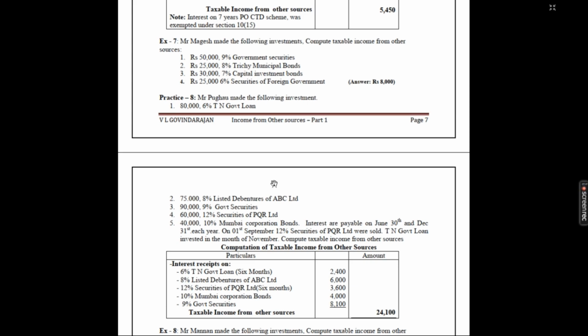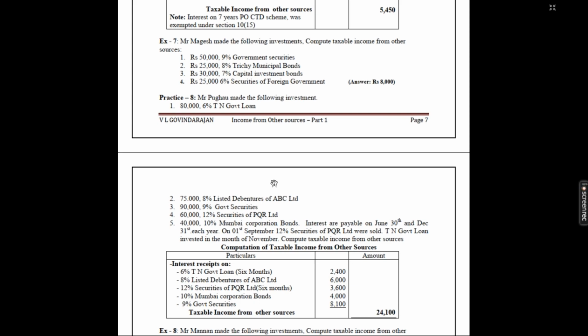So in the TN government loan also, Mr. Pugar can get interest only for 6 months, but not for the whole year. Let me see the answer. Interest receipts on TN government loan only for 6 months because he purchased during November, December, January, February, March. Only 5 months he held that investment during the previous year. So we have to compute only for 6 months.